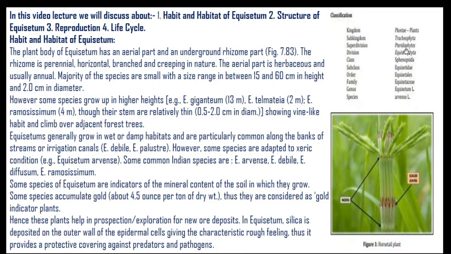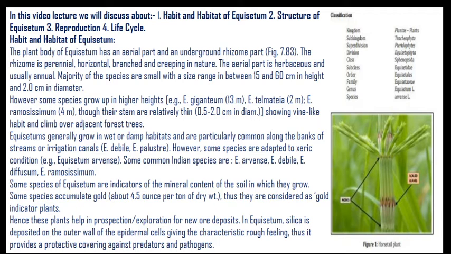Then superdivision, that is Pteridophyta, division Equisetophyta, class Sphenopsida, subclass Equisetidae, order Equisetales, family Equisetaceae, and genus Equisetum, species arvense. So this is all about the habit and classification of Equisetum.